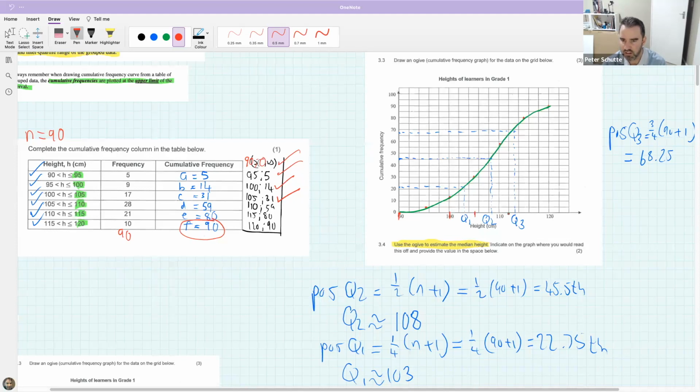So 112, 113. Yeah, it looks to me like about 113, going up by 2 for each thing. So Q3 would be equal to 113 approximately. And there would be some leeway.